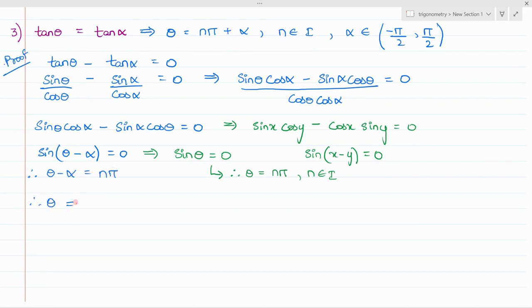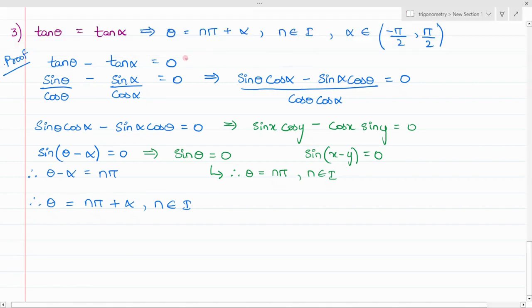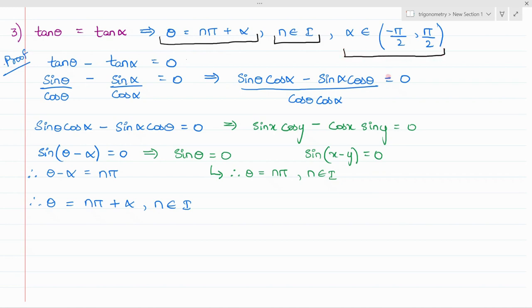Therefore, theta will be n pi plus alpha, where n belongs to all the integers. So this is what the final solution is. And we have also got it over here, that is theta equal to n pi plus alpha, and n belongs to all the integers. And why alpha belongs to this?